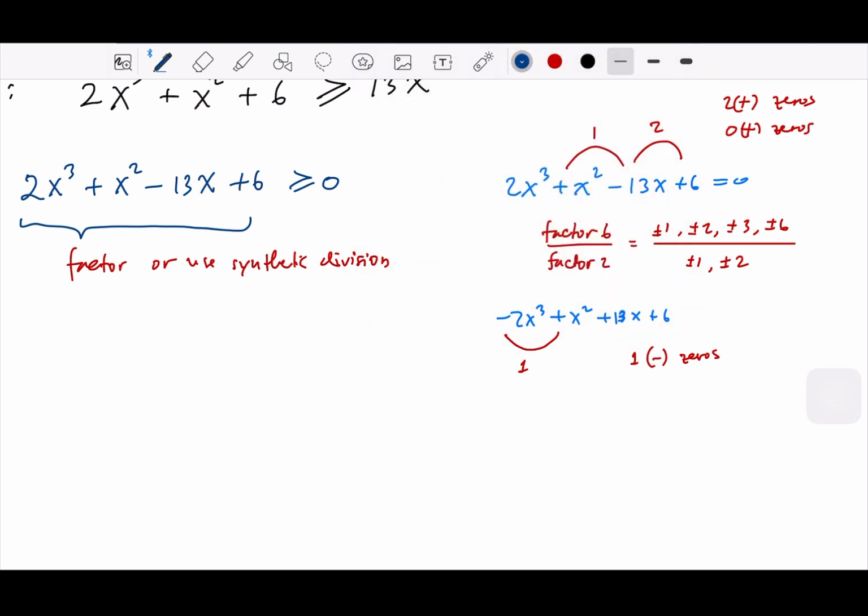We could use synthetic division. Okay, that's this. Maybe 2. We could check 2.